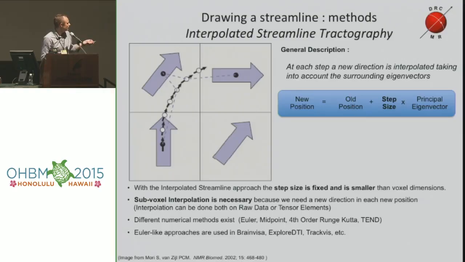Then we start again from our seed region, walk in small steps, and update our direction from this interpolated directional space. This works on subvoxels, and many different methods are implemented using this kind of interpolated streamlining.